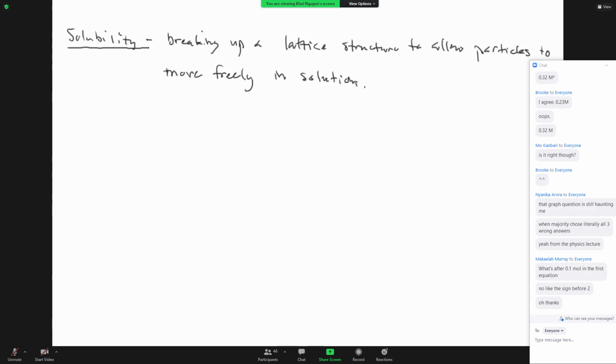So when we talk about solubility, the first term we need to know is dissociation. Dissociation is the breakdown of ionic bonds. The next thing we need to know is what it means to be saturated.